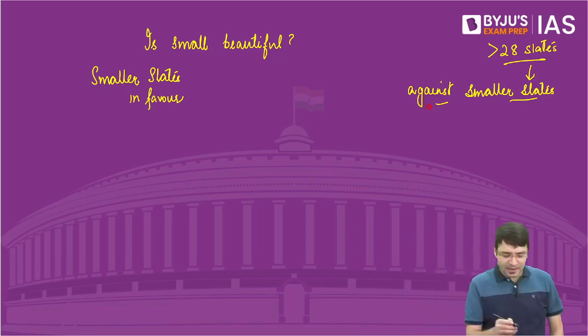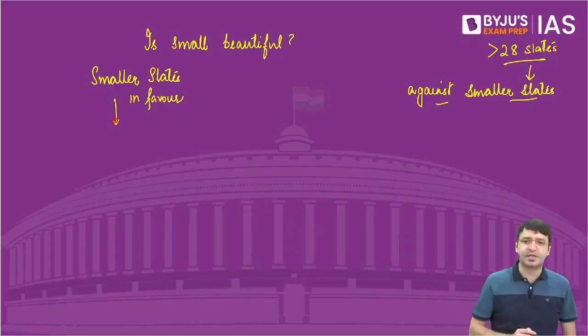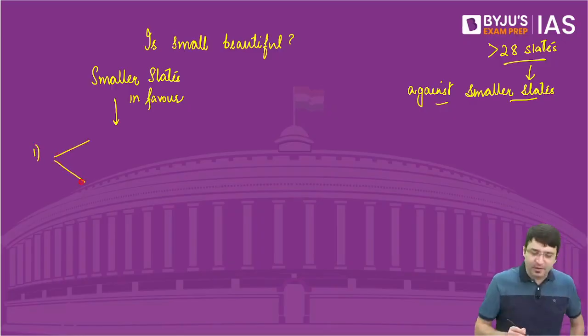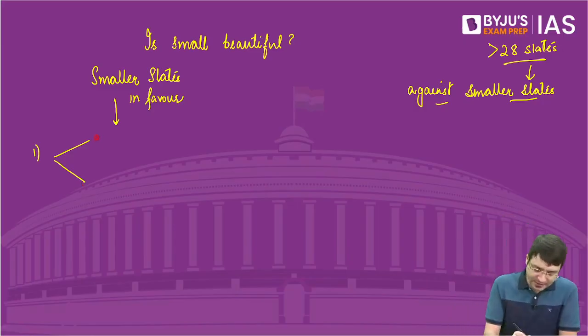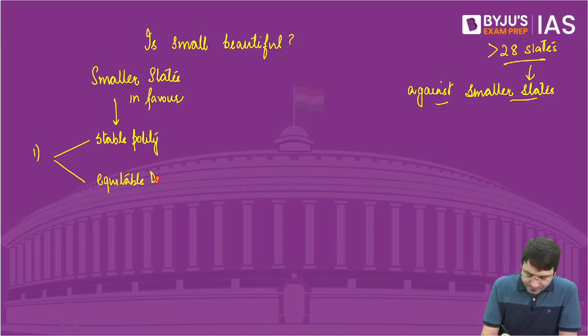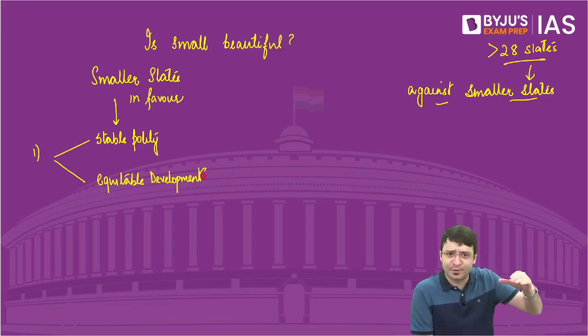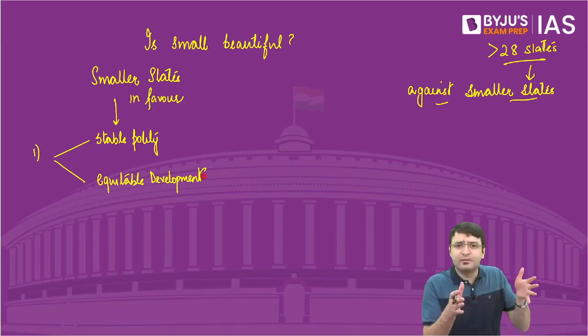Now let's look at arguments in favor of smaller states. Why are smaller states created? Because the argument is it will have a stable polity and it will result in equitable development. For example, if you look at the bigger states, for example, Maharashtra, Rajasthan, Uttar Pradesh, there is no equitable development. In a sense, the entire state is not developed.